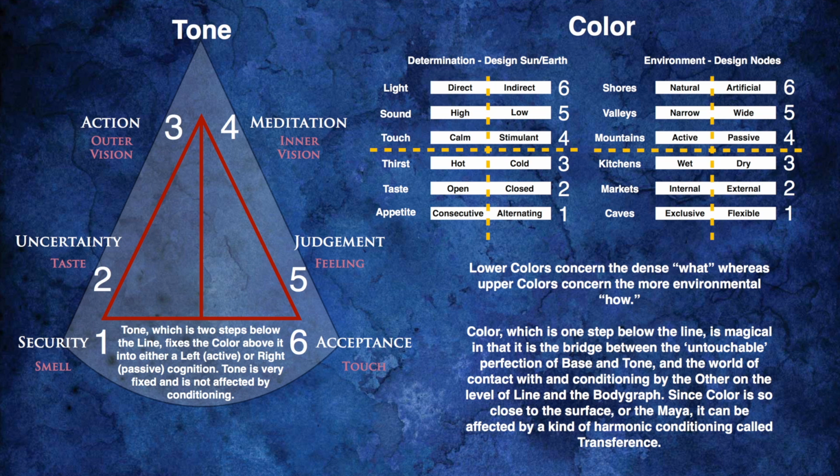It's sort of like how the lower colors are more dense and concern the what, and the upper colors are more environmental and concern the how. Now, with color, these relationships between the 1 and the 4, the 2 and the 5, and the 3 and the 6 are really fascinating.